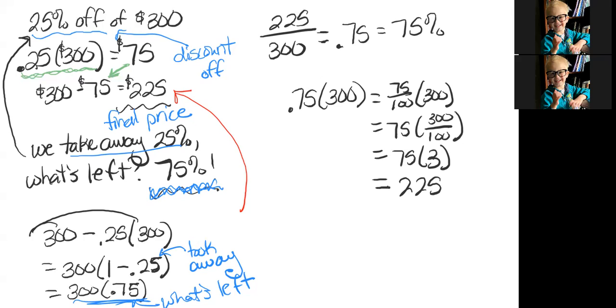Likewise, it's very similar if you had a tip you want to add on. So maybe we want to add on 25% onto our $300. Maybe we want to leave a 25% tip on a $300 bill.